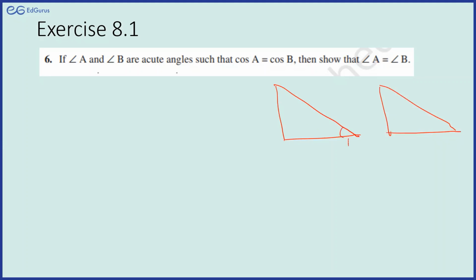So suppose this is my A and this is my B, and let's name it differently now. Suppose this is C, this is D, this is E, this is F. So two triangles हैं, उसमें cos of A is equal to cos of B, and this is your 90 degree, right? And we want to show that when two trigonometric ratios are equal, that means angles are also equal.